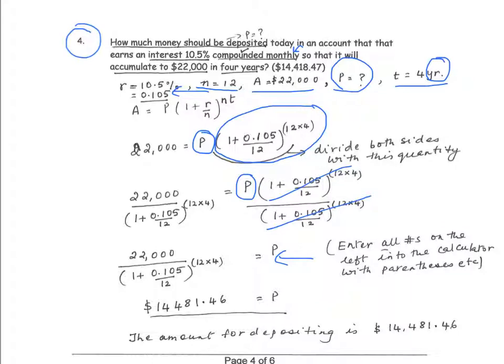The only thing left is to enter all numbers into the calculator. At the same time, make sure you have parentheses when you go divided by parentheses to the exponent parentheses 12 times 4 depending on your calculator, and hit the enter button once, and that gives you the final answer.